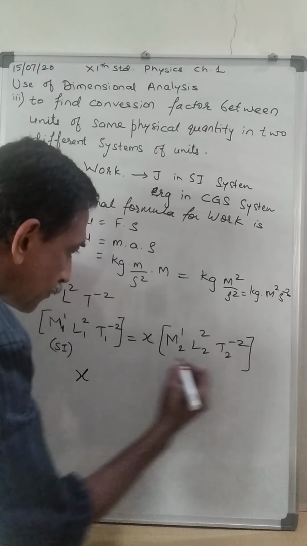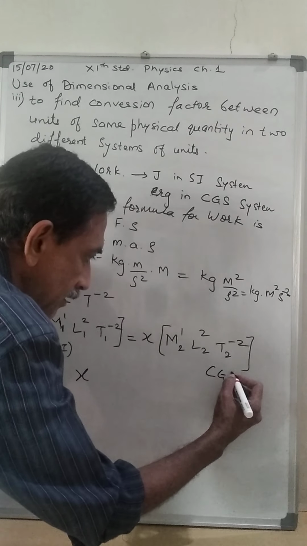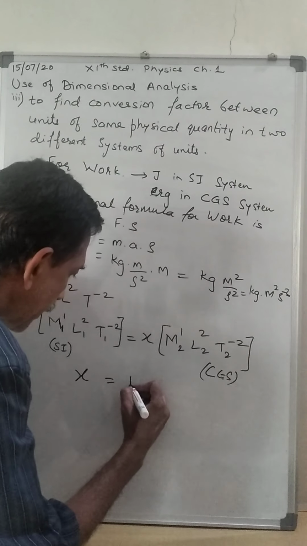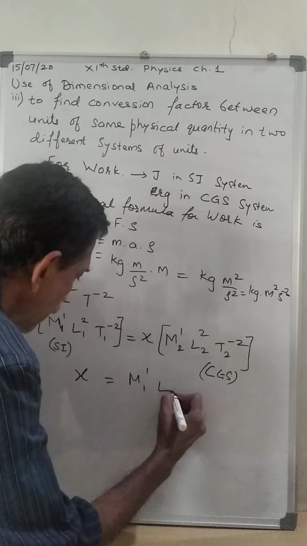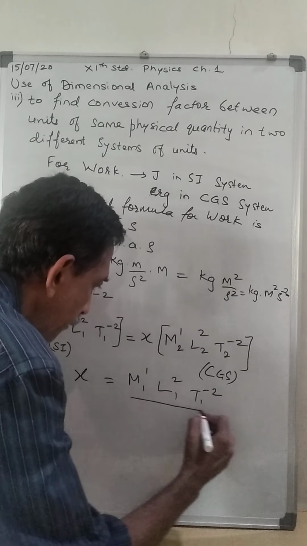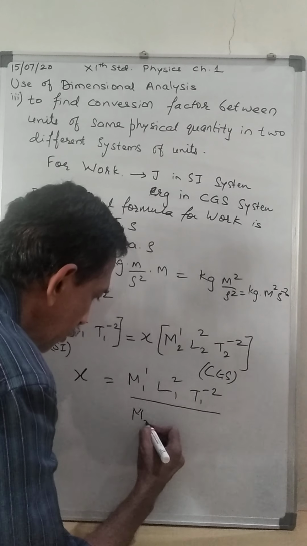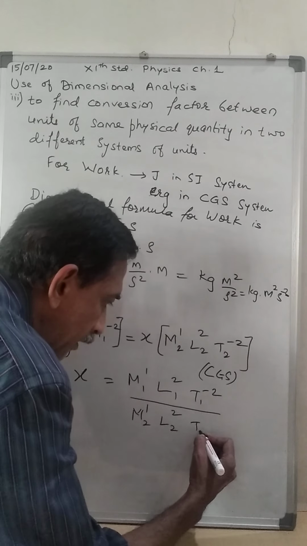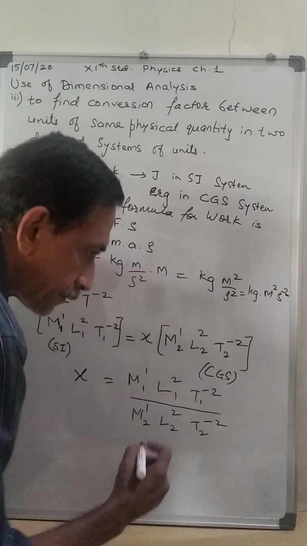So x is equal to M1 raised to 1, L1 raised to 2, T1 raised to minus 2 upon M2 raised to 1, L2 square, T2 raised to minus 2.